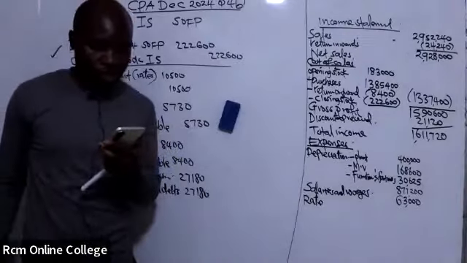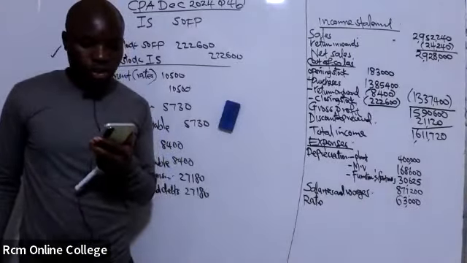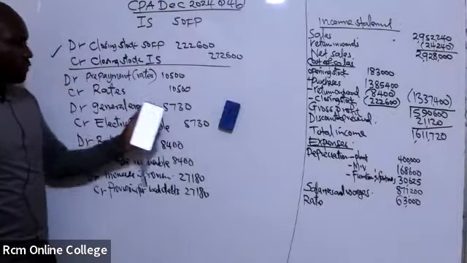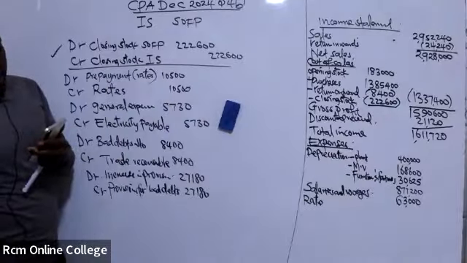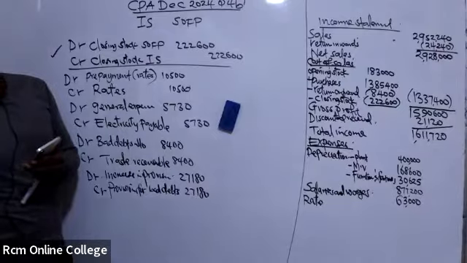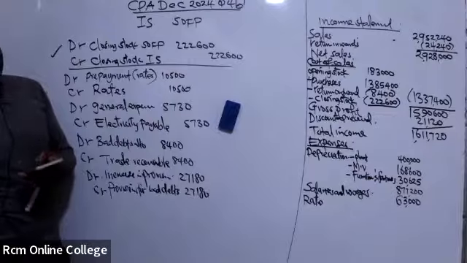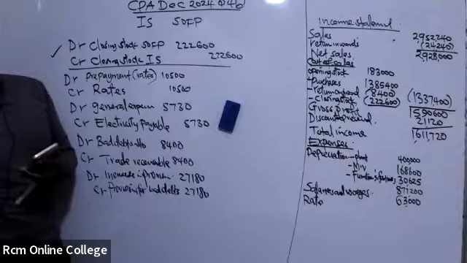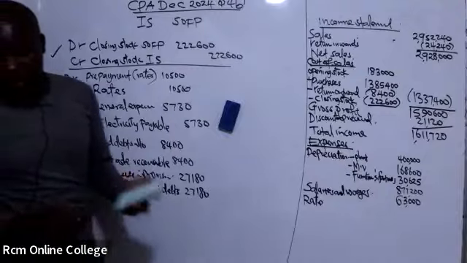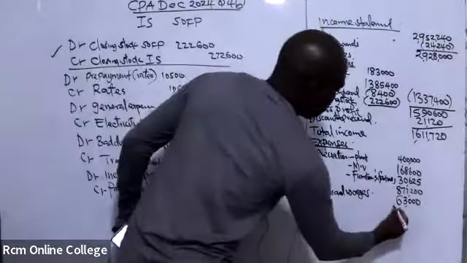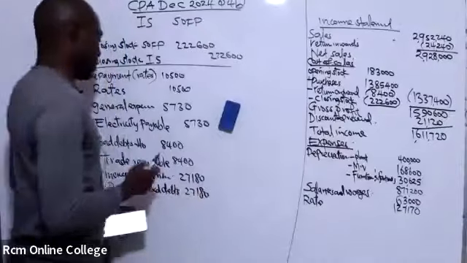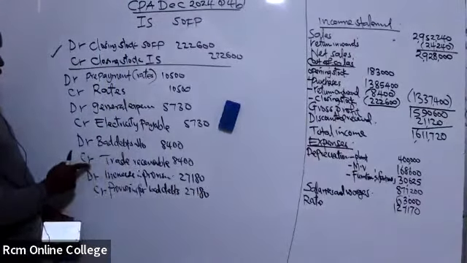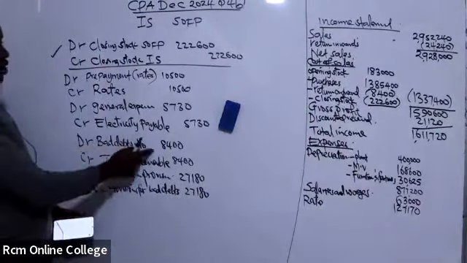So let's start with general expense of 121,800 plus 5,730, which gives 127,170. Good. Then we also add bad debts written off.